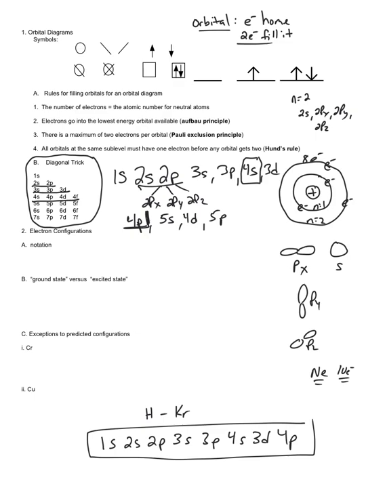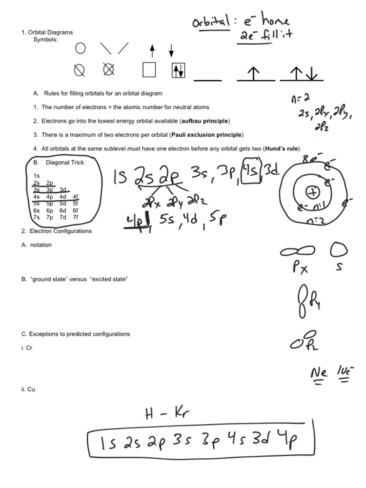Once we get past krypton, we start filling higher orbitals, which the diagonal trick will tell us, but for the sake of this test, this is the only order that you have to know. Now, if we only need to use up to 2p to fill all the electrons that an element has, fine, we're done. But this is the farthest we'll get in electron configurations for the exam.